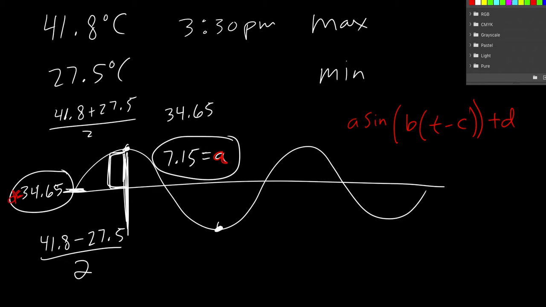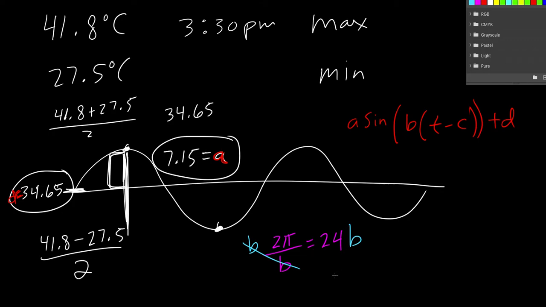Now, to find the b, we know that the original period of sine, which is 2 pi, divided by b is equal to 24, because we're talking about 1 day, so 24 hours. Now we want to solve that for b, so I'm going to multiply both sides by b.